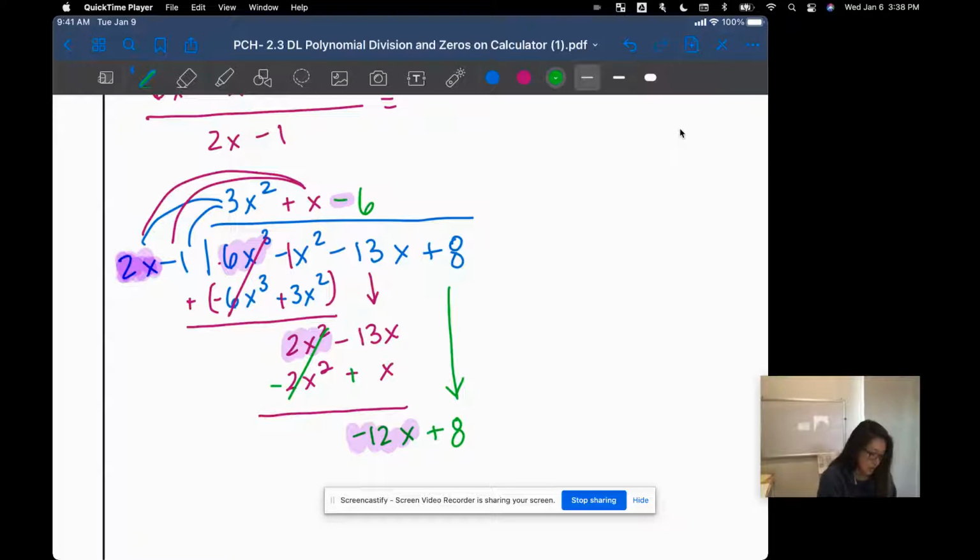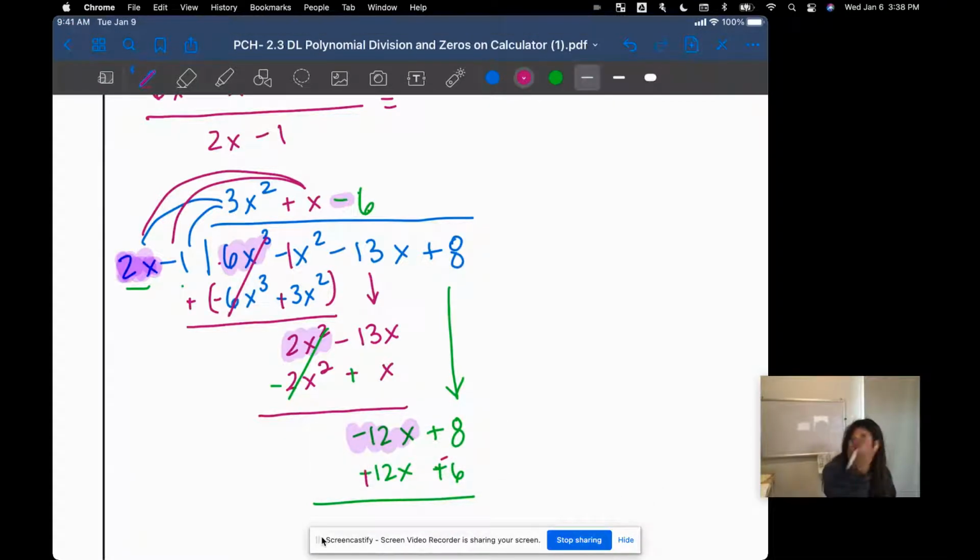Okay, so negative 6 times 2x gives me negative 12x, and negative 6 times negative 1 gives me positive 6. And then I change my sign. So because I'm subtracting, I actually have to add the negatives and subtract the positives here. Okay, so we get 0, and then 8 minus 6 is 2. This is my remainder of 2.